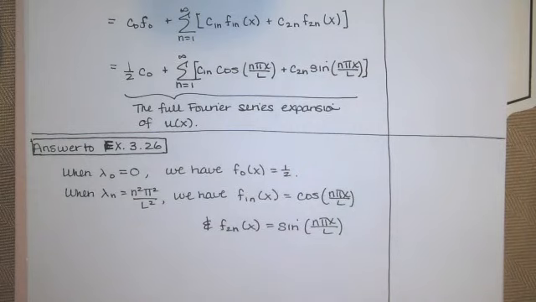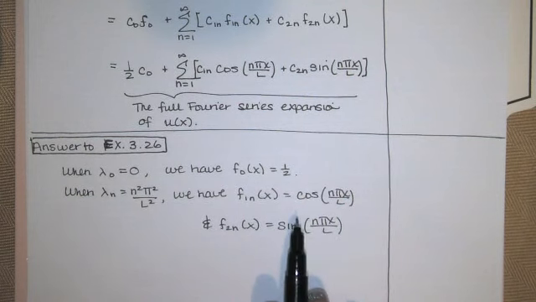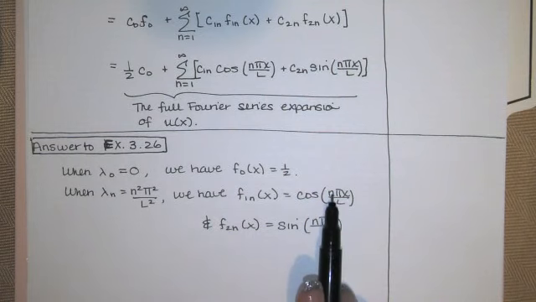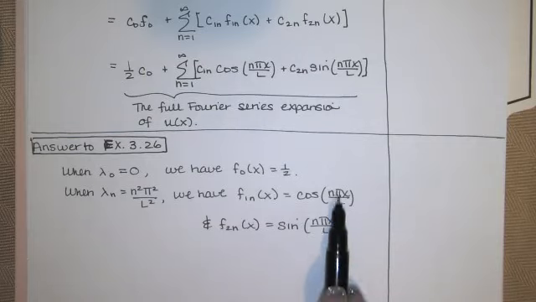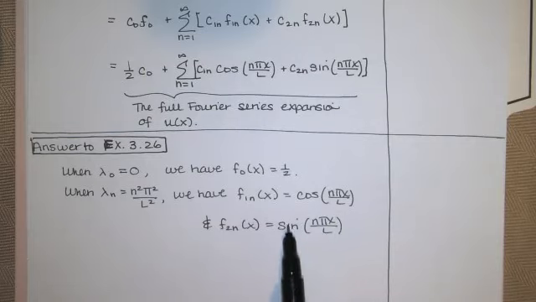Now, we did not discuss orthogonality, but it turns out that this forms an orthogonal set and this forms an orthogonal set. And if we multiply any two of these together, where the number n multiplying this pi x over L inside is not the same, if we have sine and cosine functions, we also get 0.